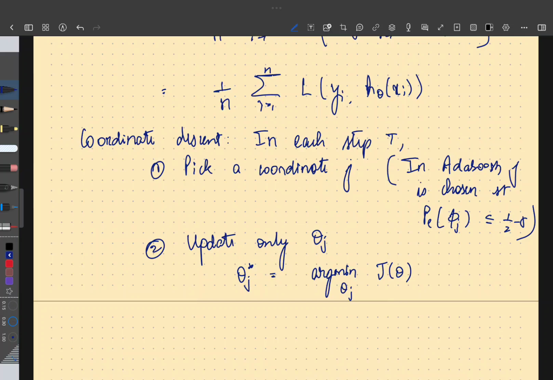So in each step, you basically pick one of the predictors from the base predictors, which is guaranteed to give a probability of error less than half, and then update only the weight of the coefficient for that particular predictor by minimizing J(theta). All right. So at every step, you are picking one coordinate in your infinite dimensional space and going down the loss function only along that particular direction.